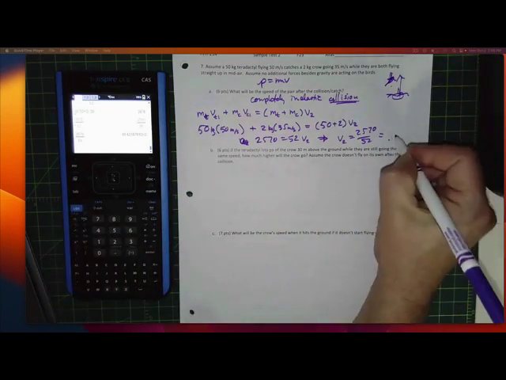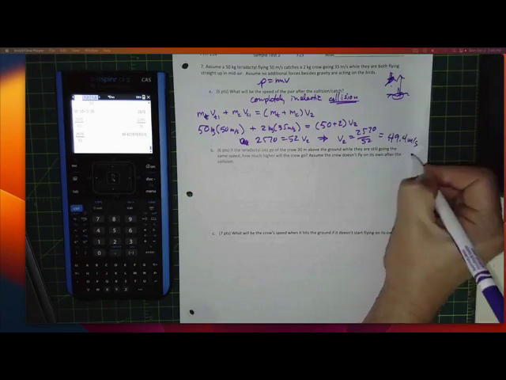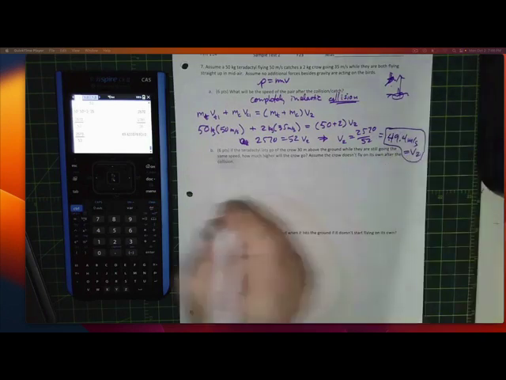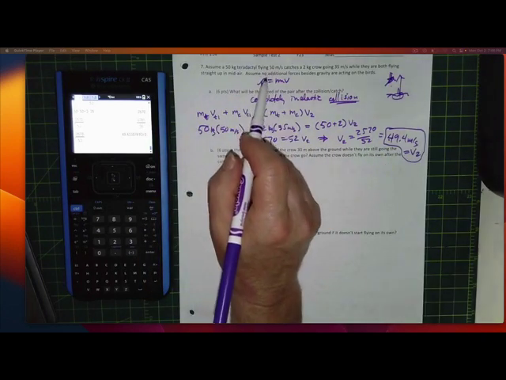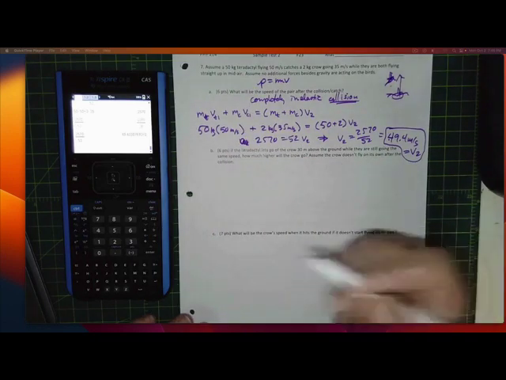There we go. 49.4 meters per second. All right, so basically almost the same speed as the pterodactyl. Just slowed them down just a little bit and they're going together with a pretty high speed.